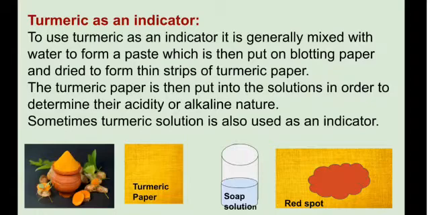What happened? You will see a red spot appear. The yellow color will change into red where you have applied the soap solution. It means that the soap solution is basic in nature. So with the help of turmeric paper, we can check whether the solution is acidic or basic in nature, as you can see in the picture.